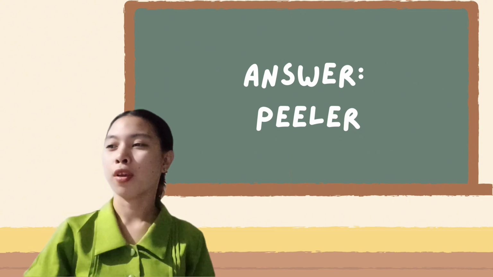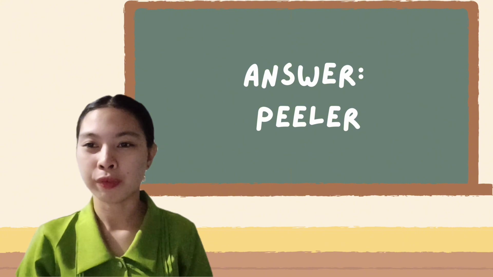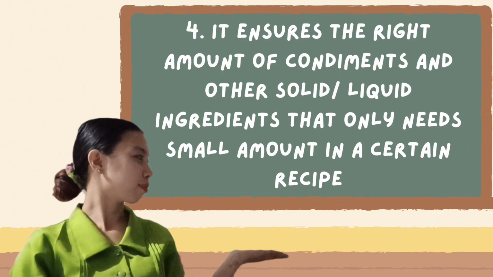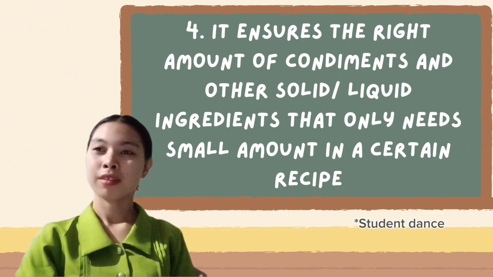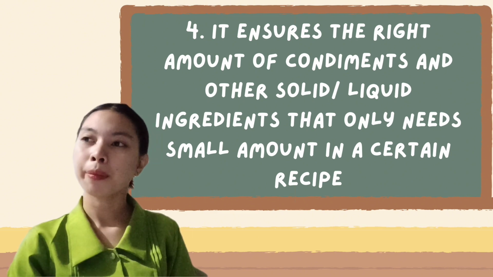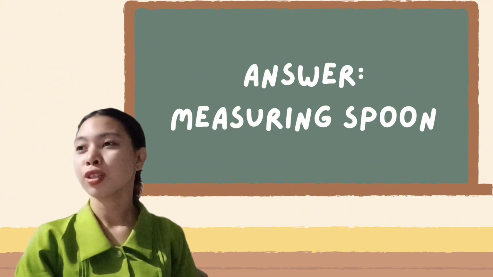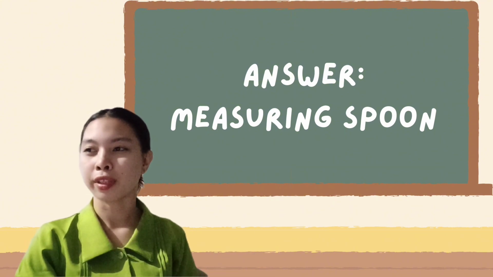So please list the points that you answered right. So for our number four, okay, group 2 again. Measuring cup. Let's see. Oh, it's measuring spoon, so you have no points.